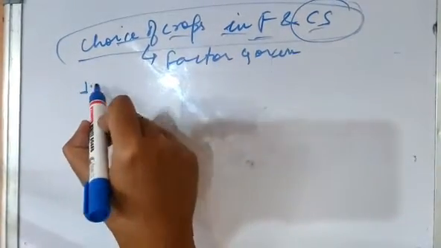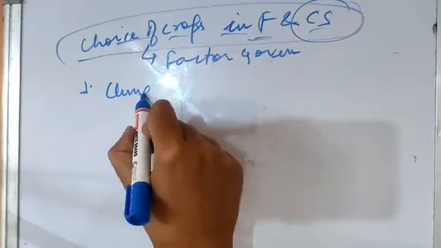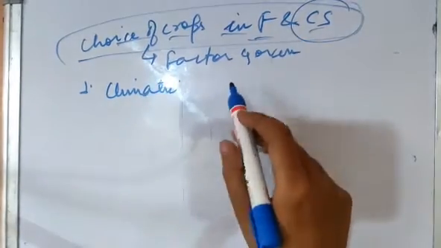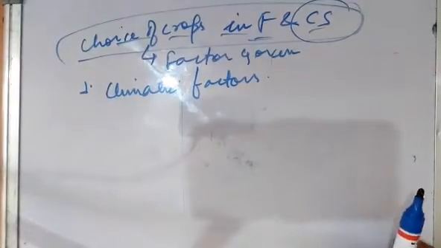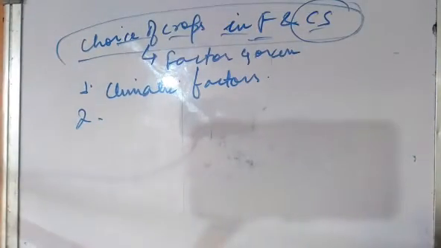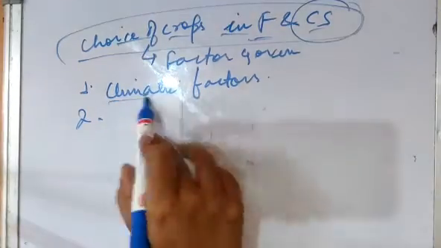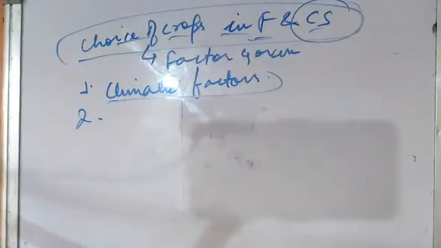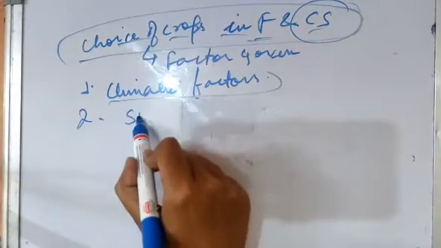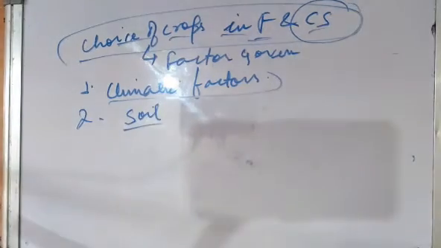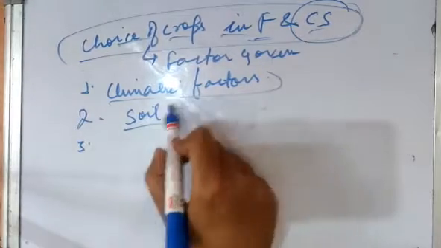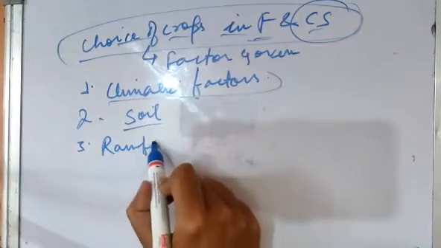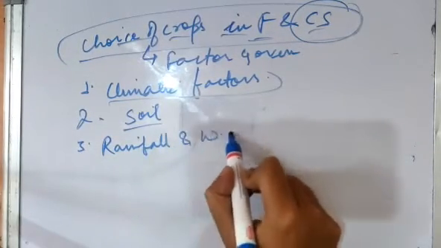So first of all, I think I have discussed it earlier also, but I am discussing it here also. Climatic factors, that is precipitation, humidity, the rainfall condition of the area. So these are some common. Temperature, where we're growing the crop. Then we've got soil conditions, what type of soil it is. Then again rainfall and water availability.